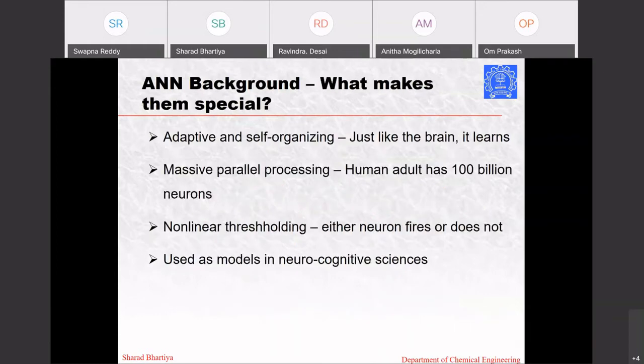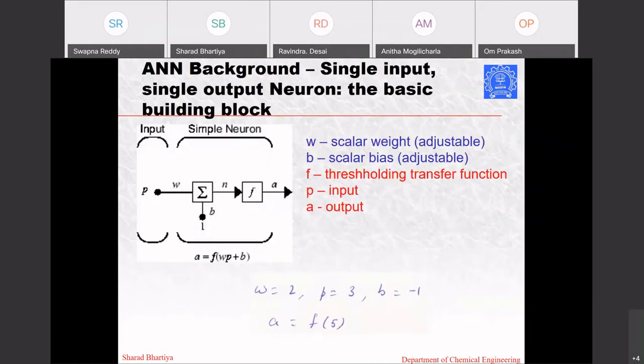So let me just move forward and look at it a little more formally. I have over here a neuron. This is the input P. So what you get here is WP plus B, and this is often known as the net, or the net input to that CPU. If there are multiple inputs, it will sum them up together, so this is the summer.